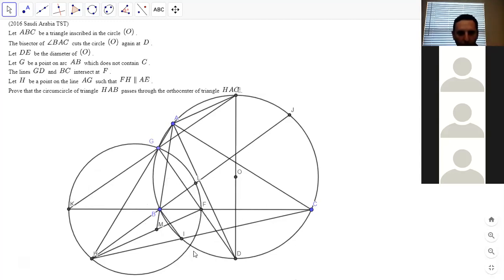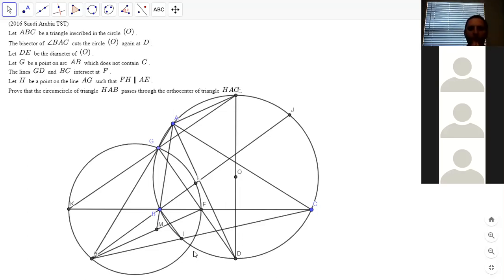So we want to show AB, HF, and ID concur. And then an angle chase should do it from there. An angle chase shows that ID is the angle bisector of BIH.